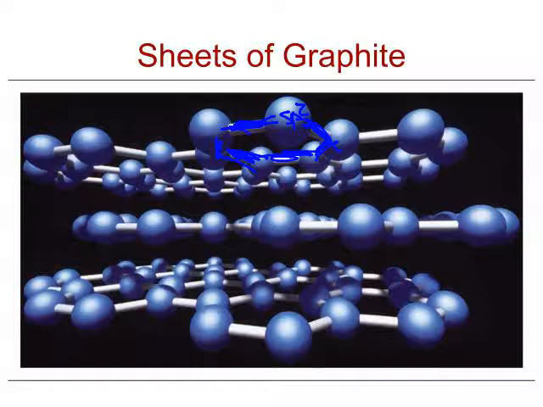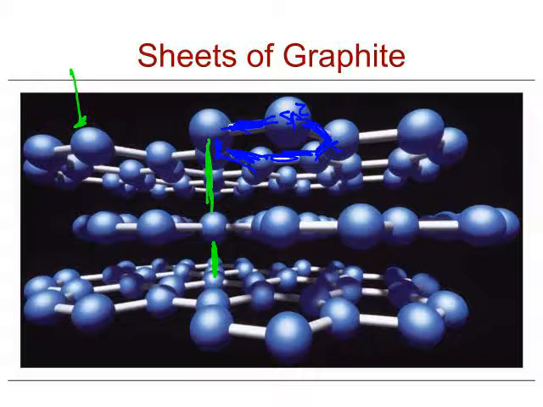But because these are flat, if you look at a sample of graphite that you're just going to pick up out of somewhere, there are layers of these sheets. Okay, so here's one sheet resting on top of another, resting on top of another. If I were to ask you guys, well, what kind of force is acting between the sheets? What holds the sheets together?